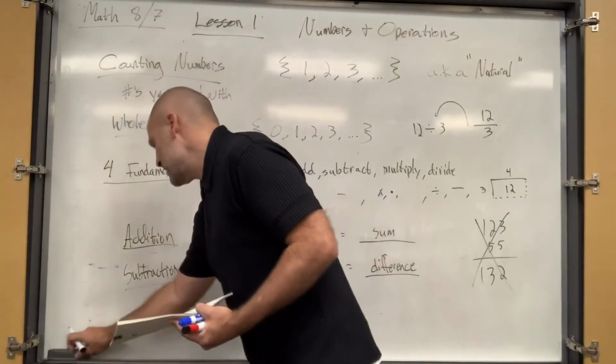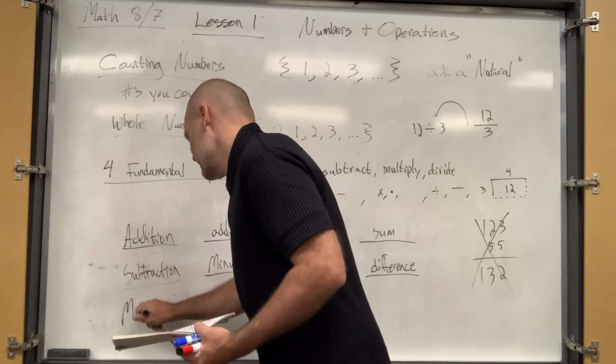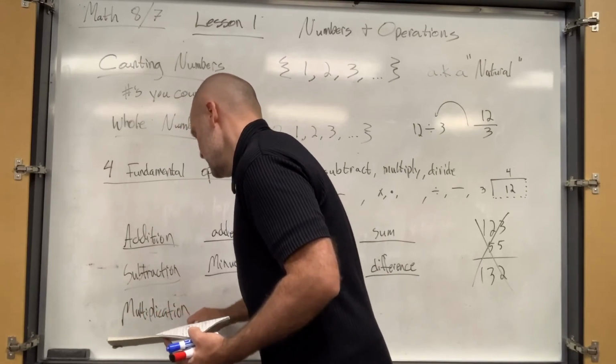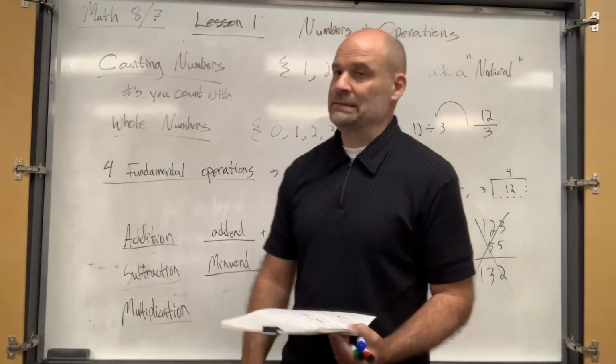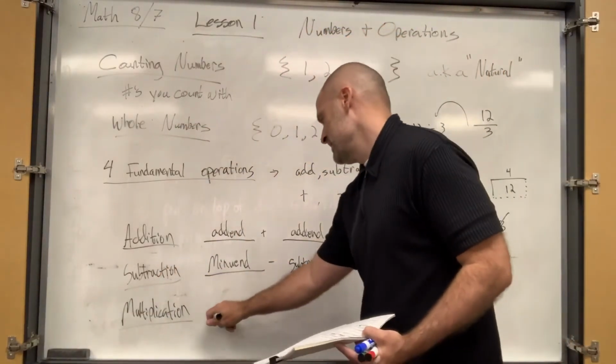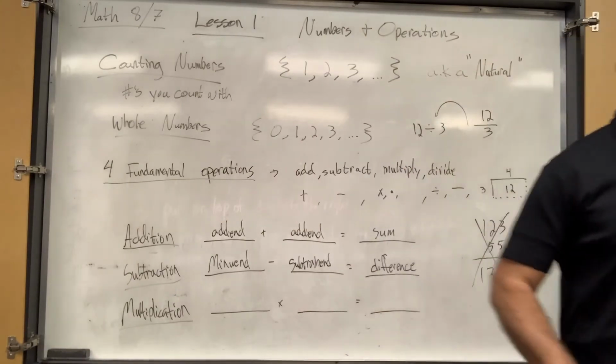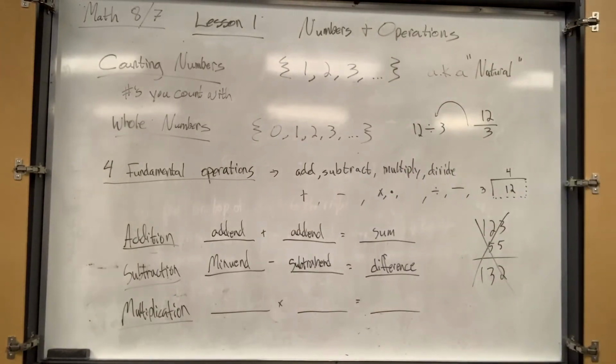Okay, what about multiplication? Somebody else. Can somebody else tell me the 2 F words? Not those. Don't say that. What are the 2 F words? Think before you talk. Anyone?